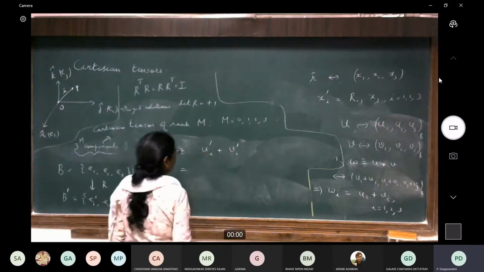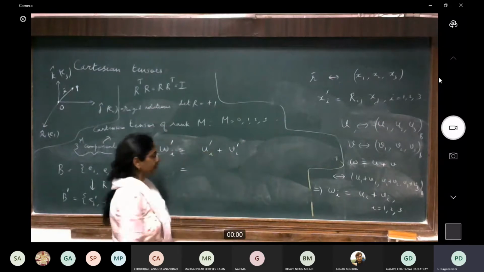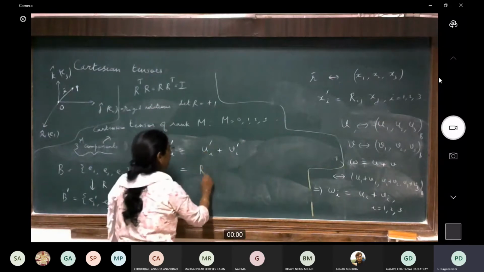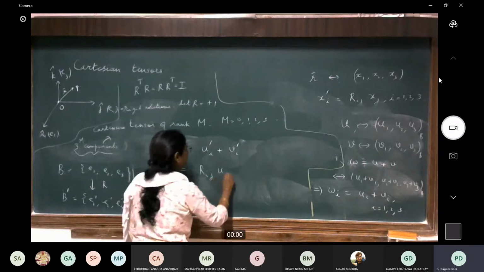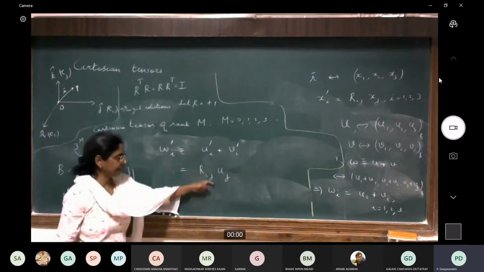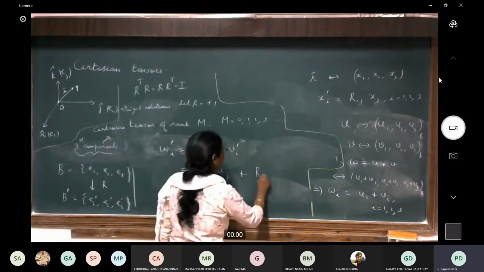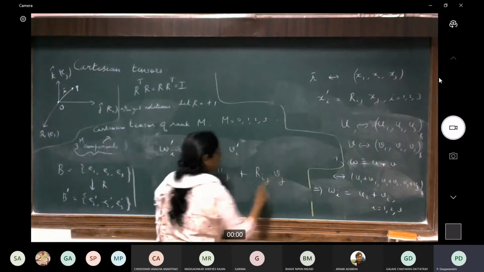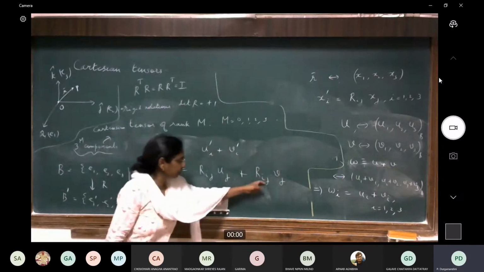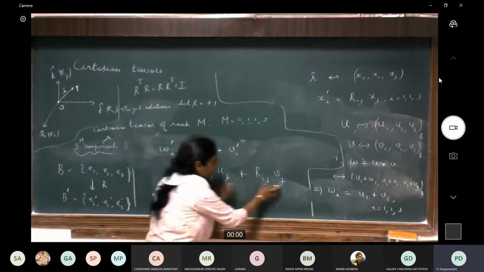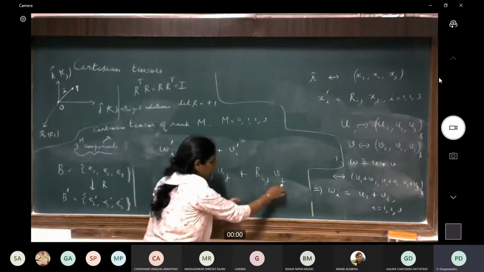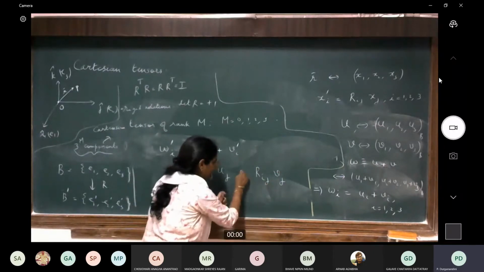Because u and v themselves are tensors of rank 1, ui prime will be related to uj by this formula, Rij uj. Again, here I am using summation convention. Plus, vi prime I know again is defined as Rij vj. Because these are two different expressions, I can use the same index j; j is a dummy index, but still I am having a summation here.